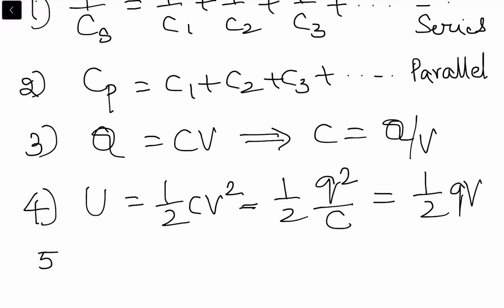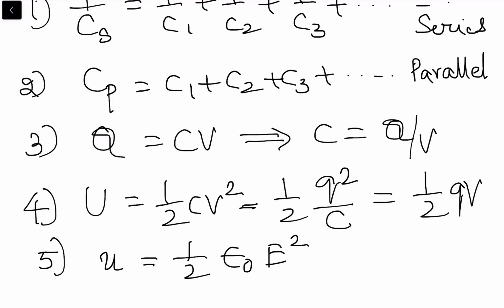Sometimes you may also have to know the energy density, or energy stored per unit volume, that is small u is equal to half epsilon naught E square, where epsilon naught is the permittivity and E is the electric field.